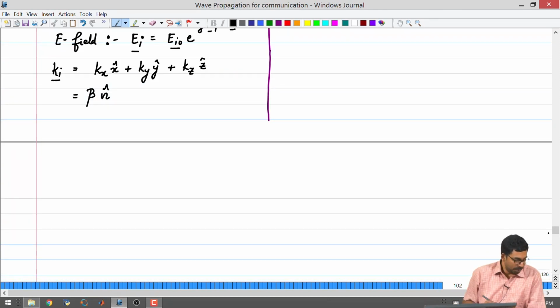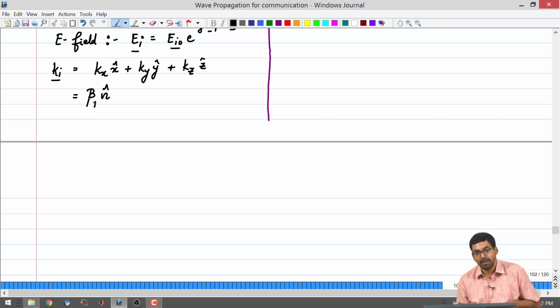Right. So, I can always say that beta, for the medium on the left hand side, is beta 1, to be very clear, because permittivity is epsilon 1 and we already know that the phase constant is going to be different in different media. The velocity is also going to be different in different media.